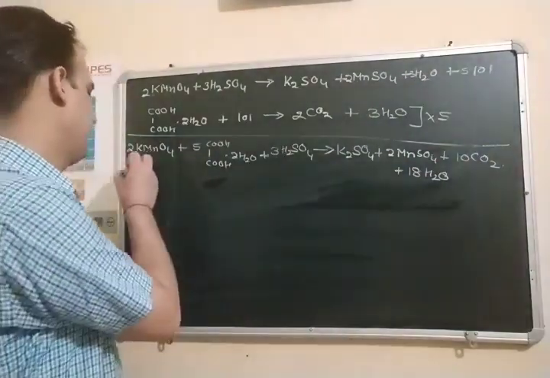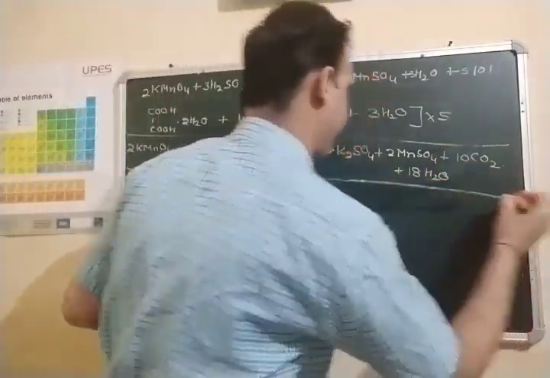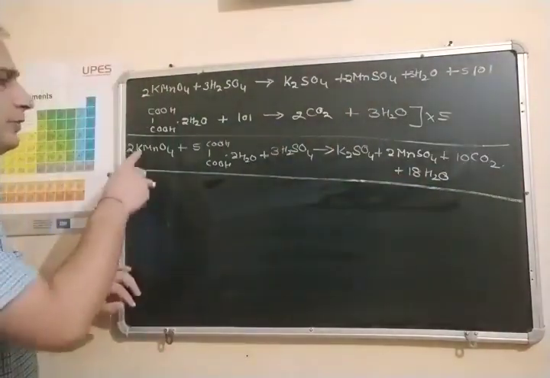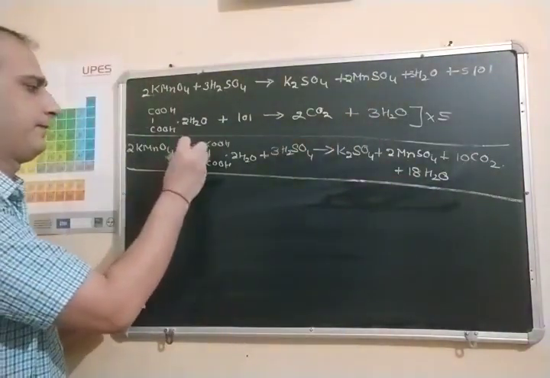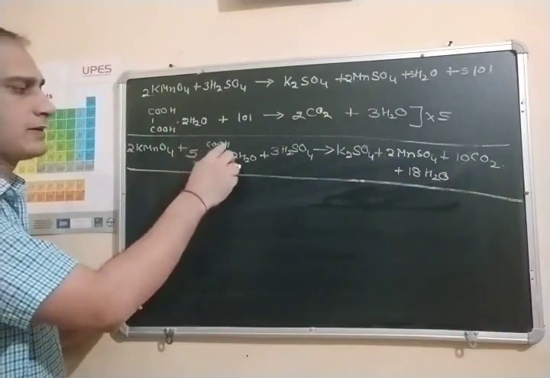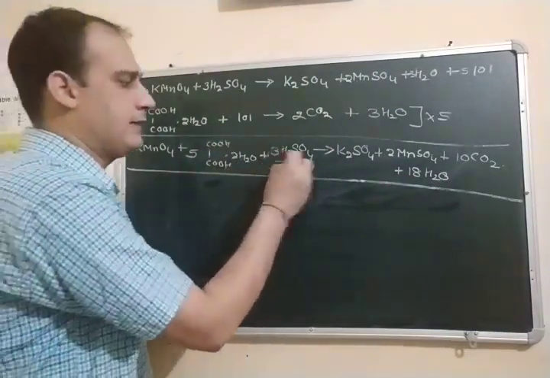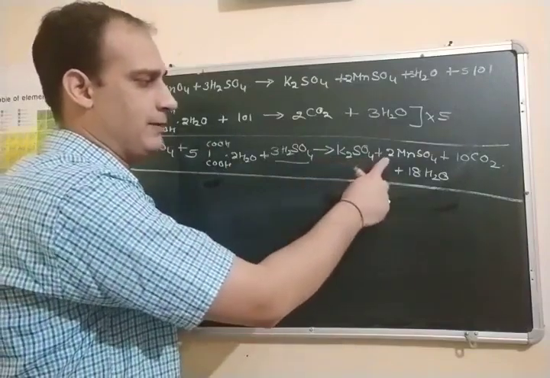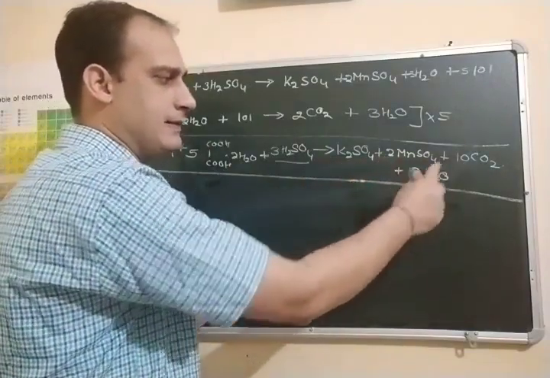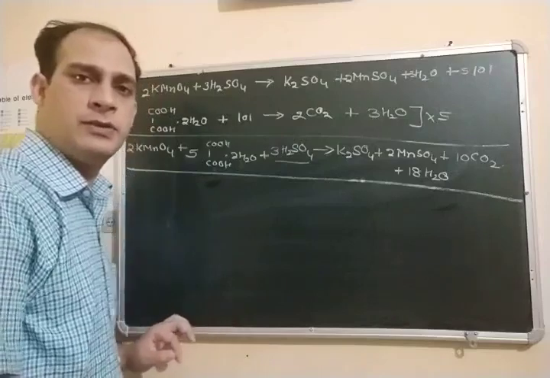Here you can see 2 KMnO4 plus 5 oxalic acid molecules (COOH)2·2H2O plus 3 H2SO4 give rise to K2SO4 plus 2 MnSO4 plus 10 CO2 plus 18 H2O.